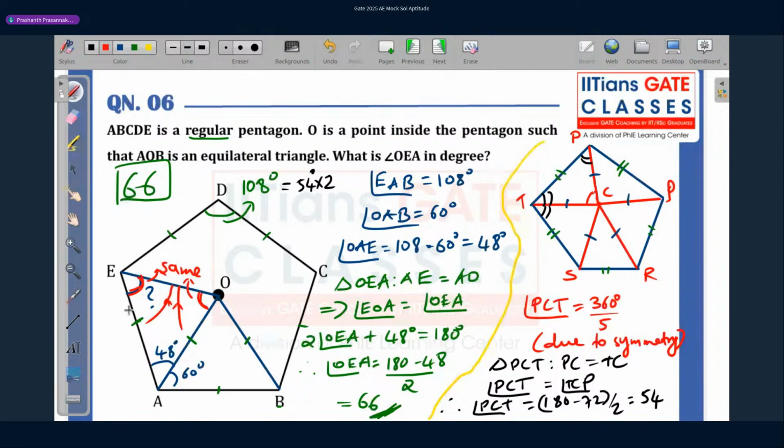What is 84? Sum of internal angles 360. No, we're talking about a triangle over here, right? Sum of internal angles is 180.